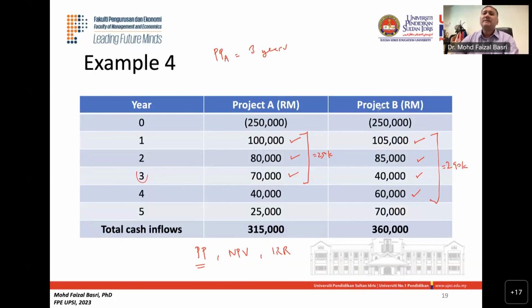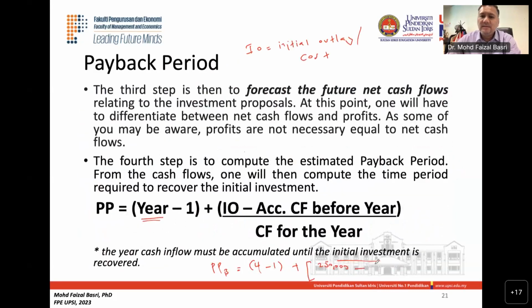But if we just take the accumulation before year 4, meaning just the first 3 years, I calculated just now it was 230,000. When you combine these three, the accumulation would be 230,000. So the cash flow before year 4 is 230,000.